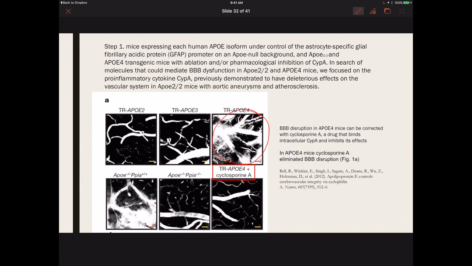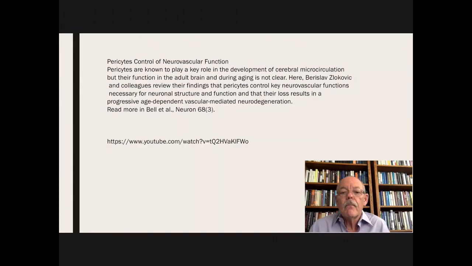If you add cyclosporin, which is an inhibitor of this protein, you can restore the integrity of the blood-brain barrier. The next slide. So parasites are known to play a key role in the development of cerebral microcirculation and protecting this microcirculation.